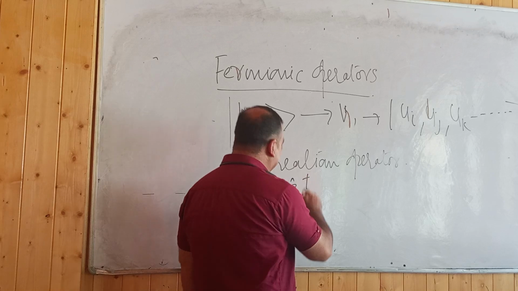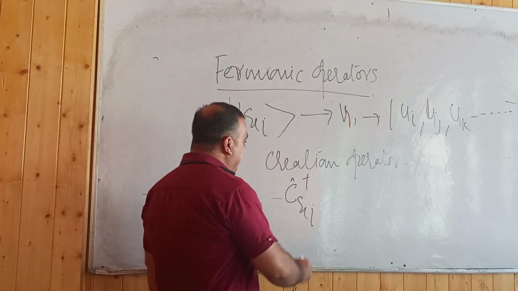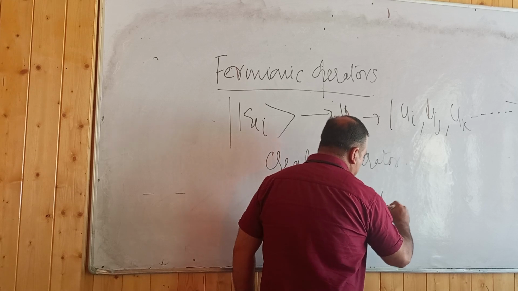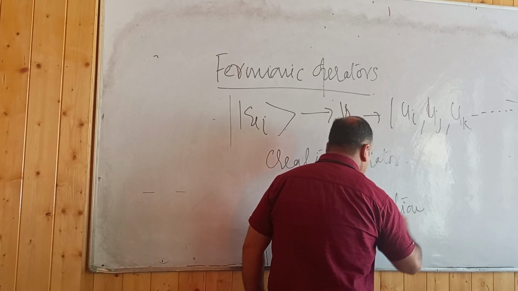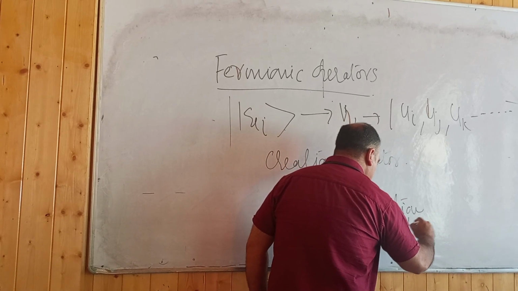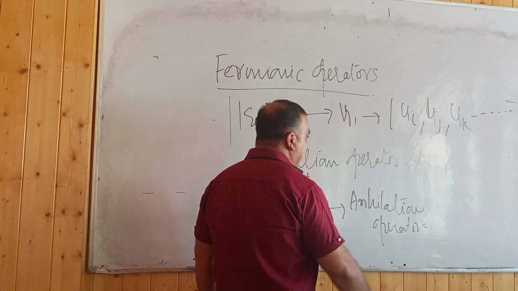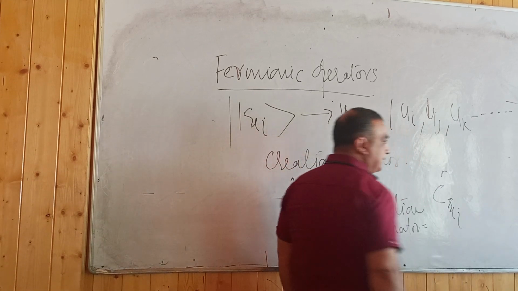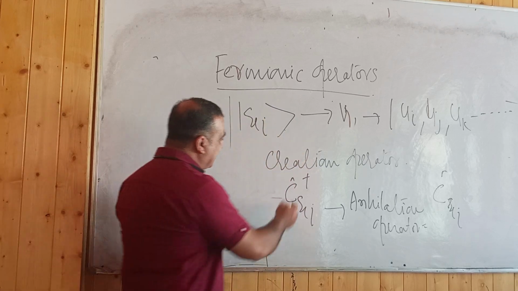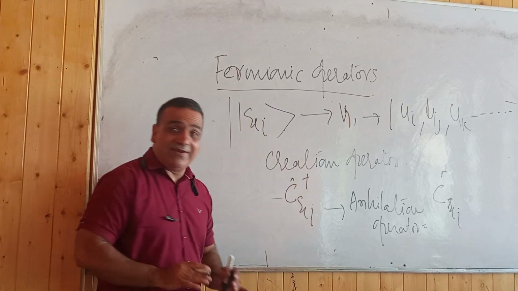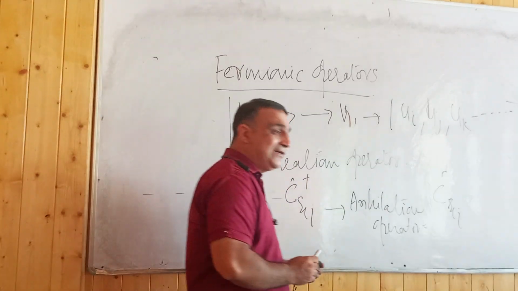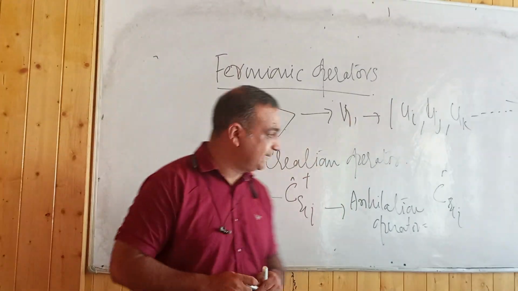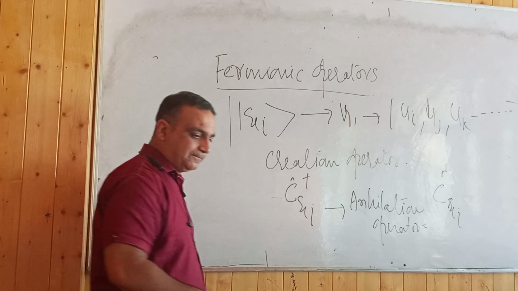And I can keep a cap on it for the annihilation operator, c_i cap. So here, c_i dagger is my creation operator, and c_i cap is the annihilation operator. Is this clear?